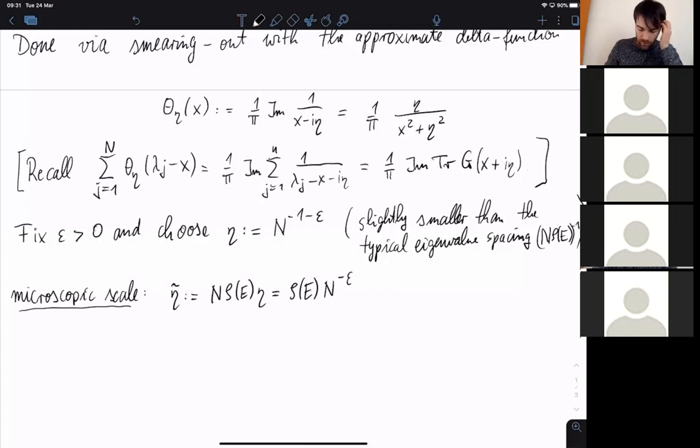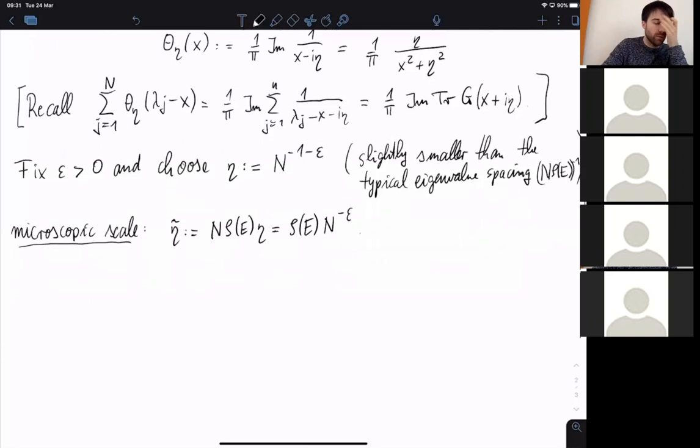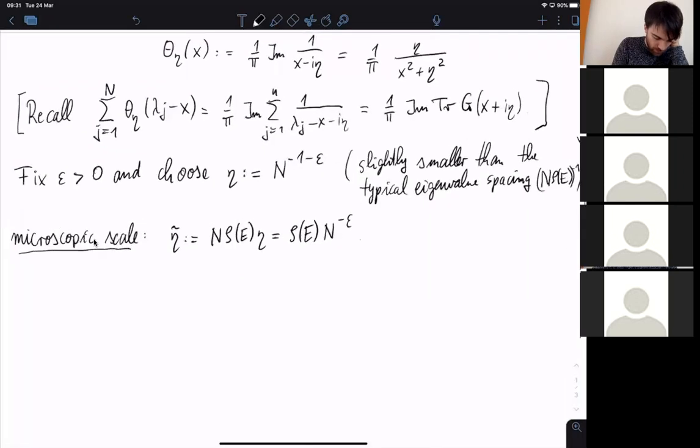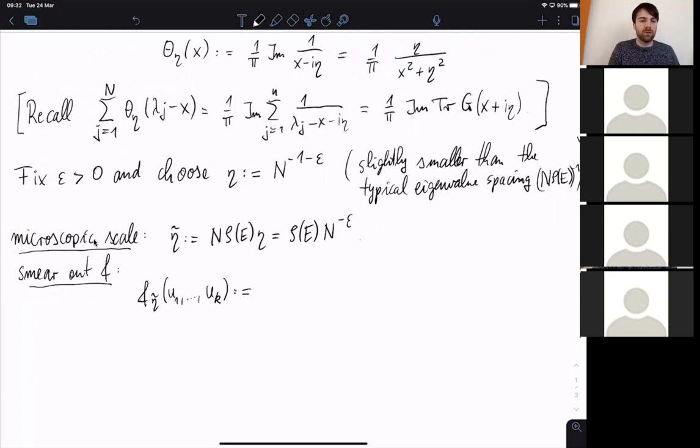Okay, and now we will smear out this f with the following construction. So what we will do is we will define an f eta tilde of u1 up to uk, which is defined as follows.